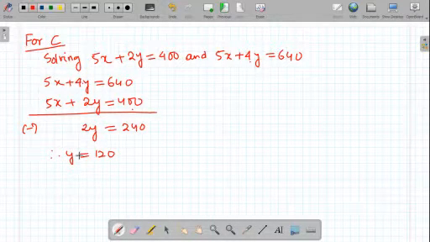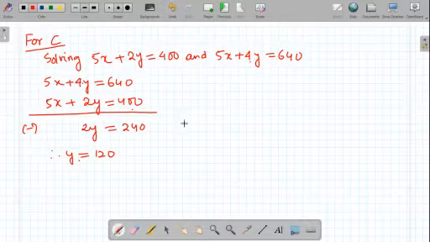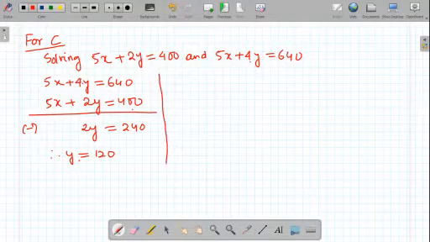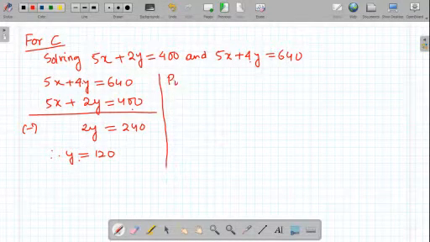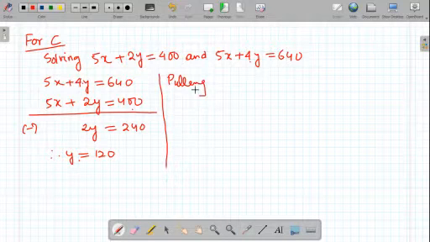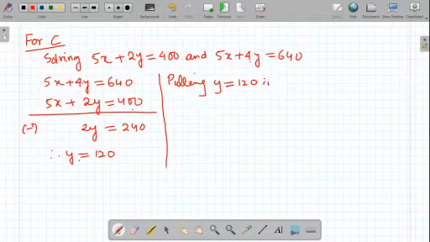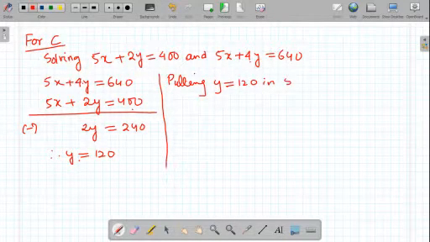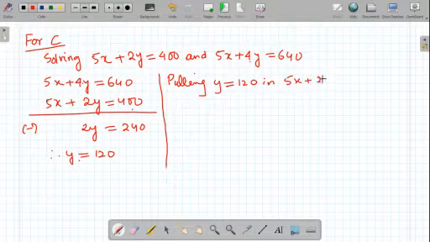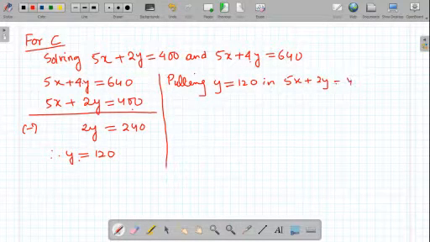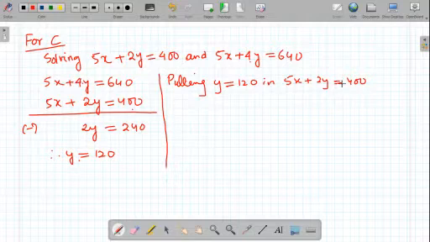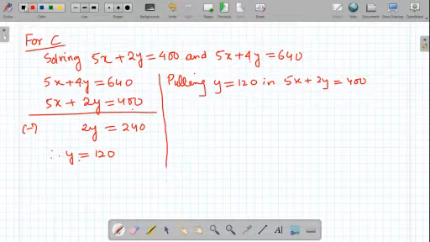Now put back the value of y in any of these equations, right? So here you can write, putting y equals to 120 in, okay, let's say 5x plus 2y equals to 400.